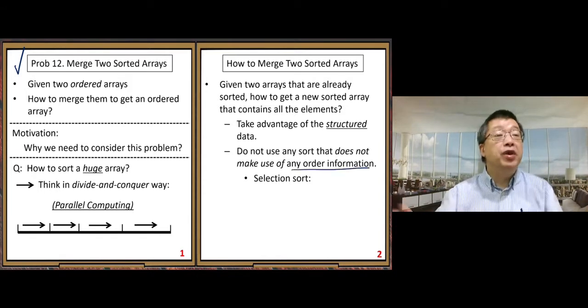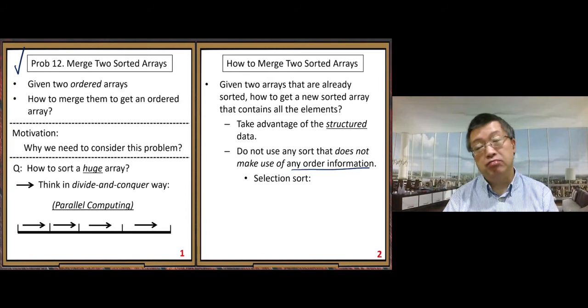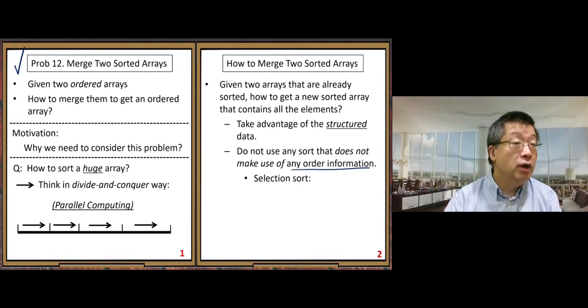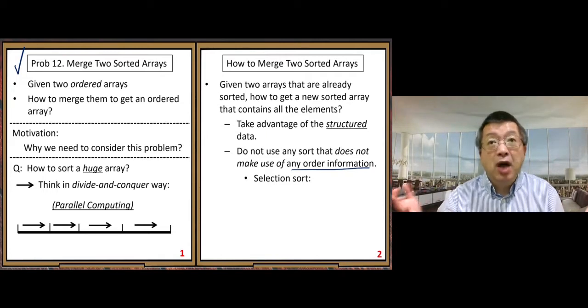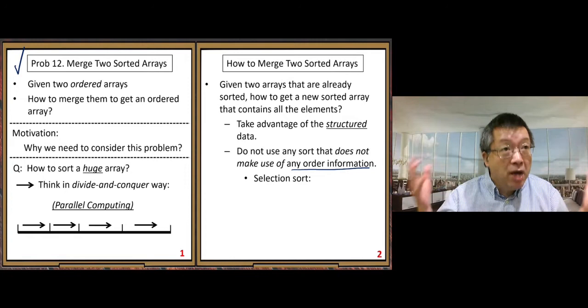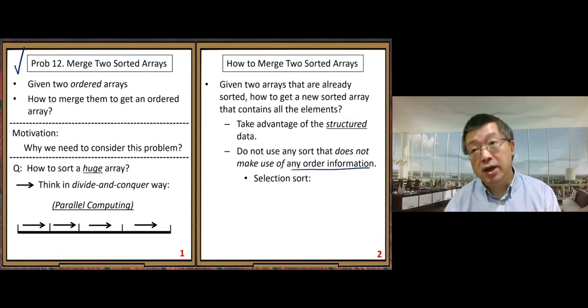Because for some sorting algorithms, the order information is not important. If your data is sorted, ordered, or unordered, you get the same result. You get the same number of comparisons. We have many sorting algorithms like that.